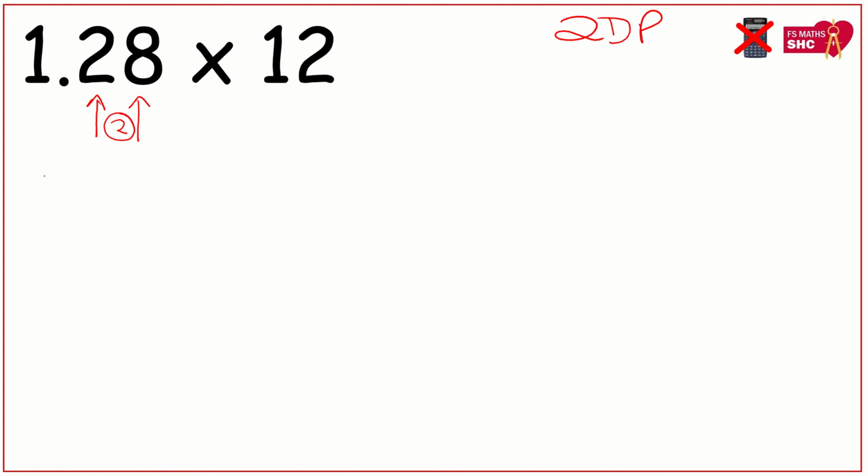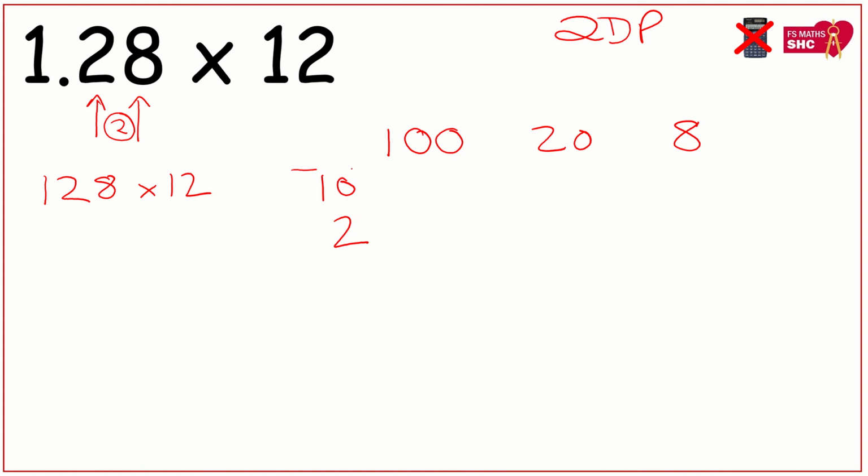So now I'm just going to imagine that actually it's 128 times 12. Now, whether you use a column or a grid, I'm going to do a grid. So I'm going to split this number up: 128, and then a 10 and a 2.